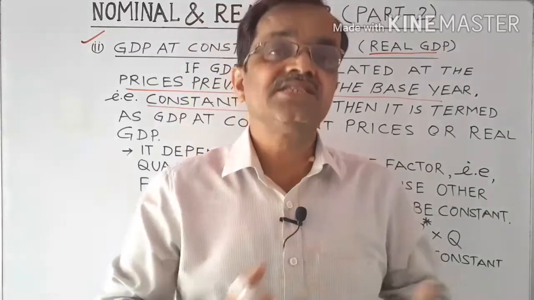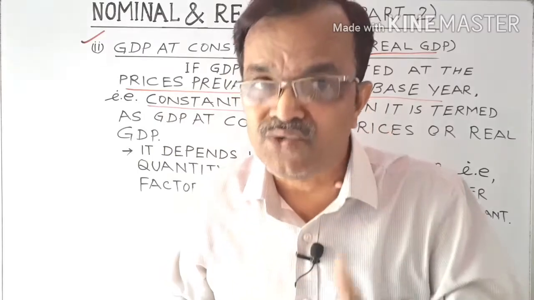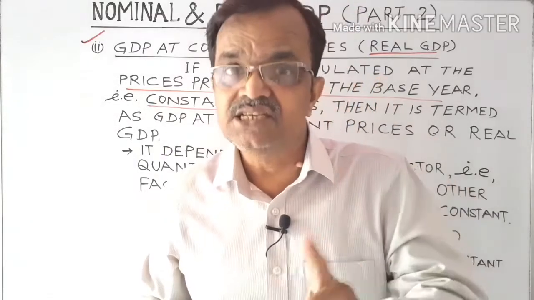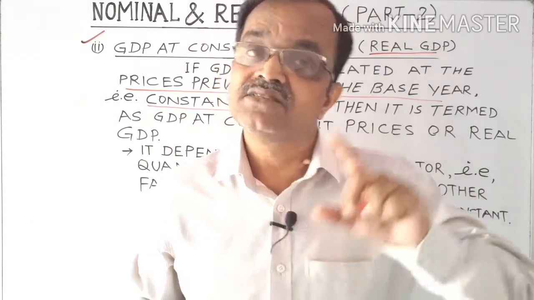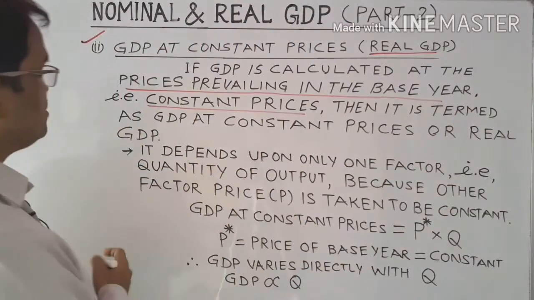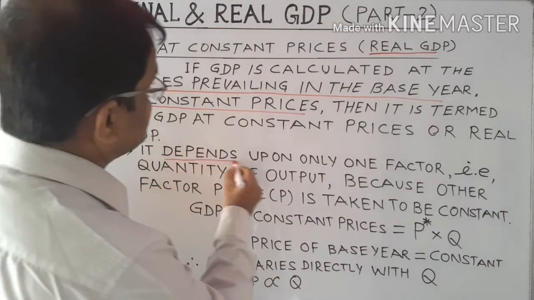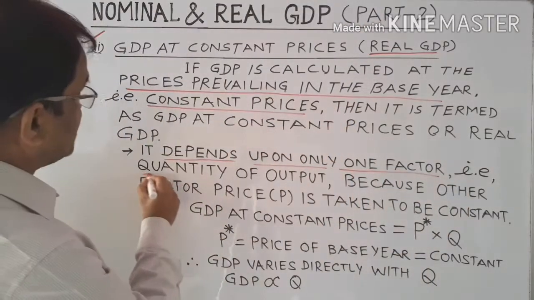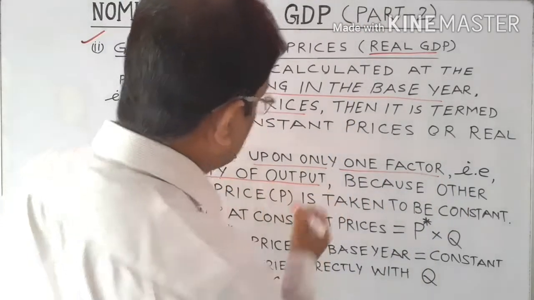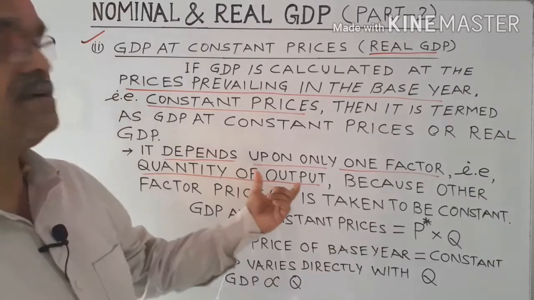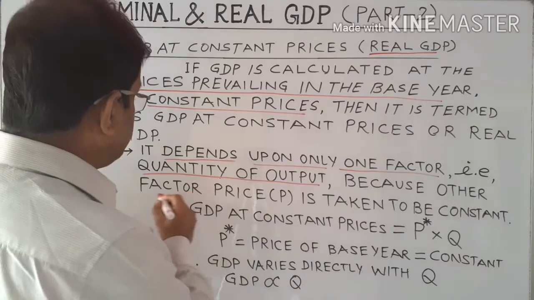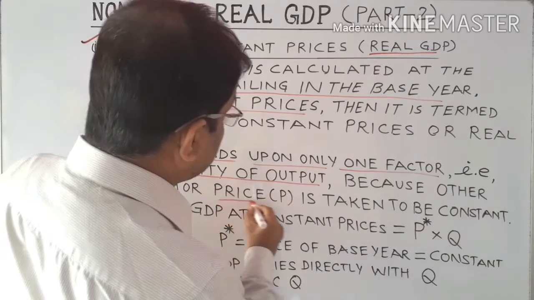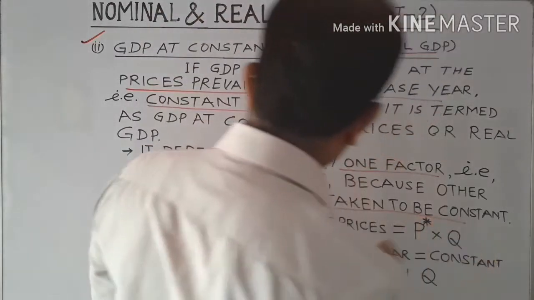Since the price is taken to be constant, there is only one factor on which GDP at constant prices depends. And what is that factor? That is the quantity of output. It depends only on this one factor, because the other factor, price, is taken to be constant.